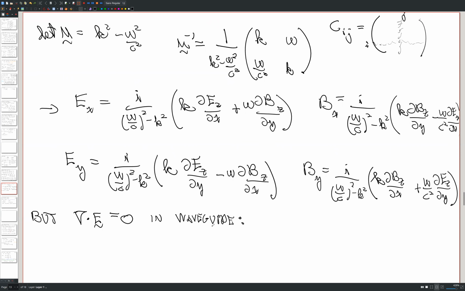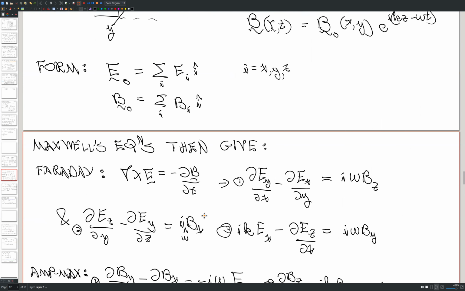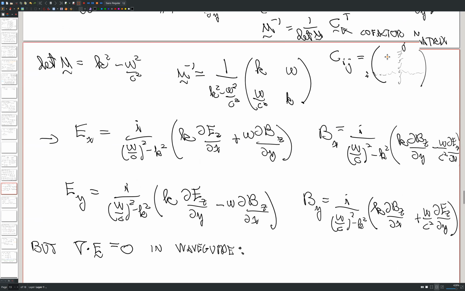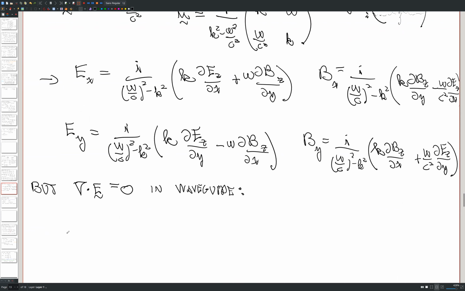And actually, if I substitute this whole thing in here and compute explicitly the dz Ez from this here, giving me another factor of ik, what this one gives me is directly a wave equation.